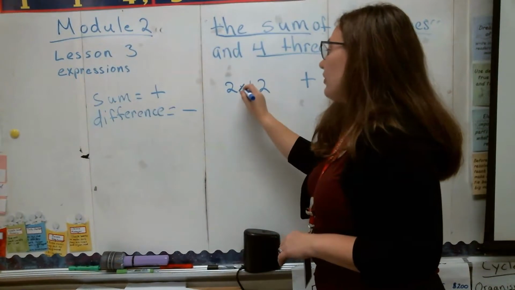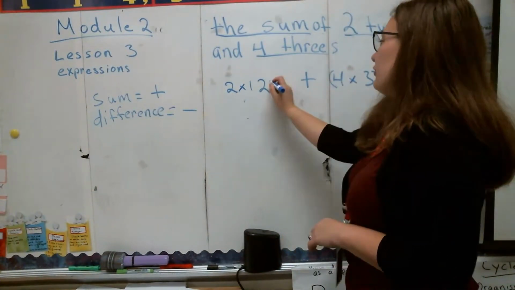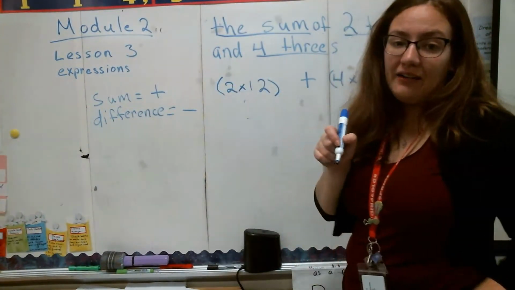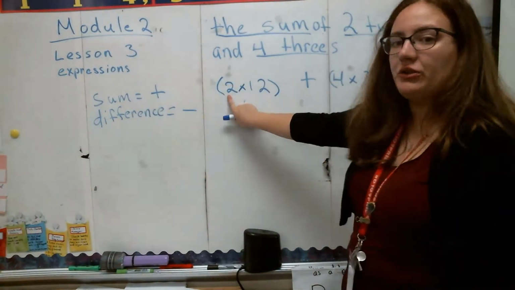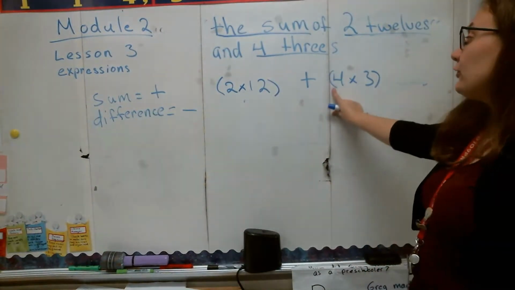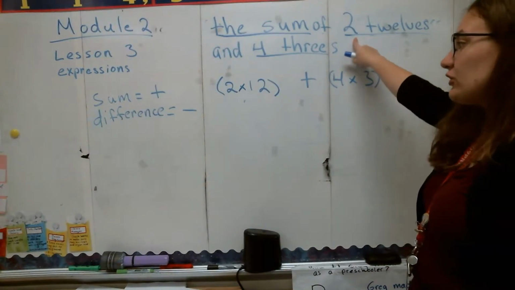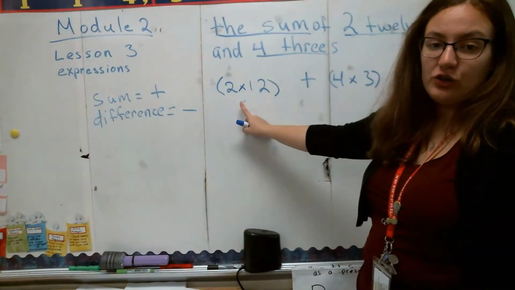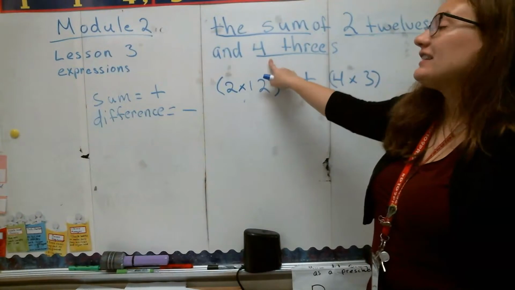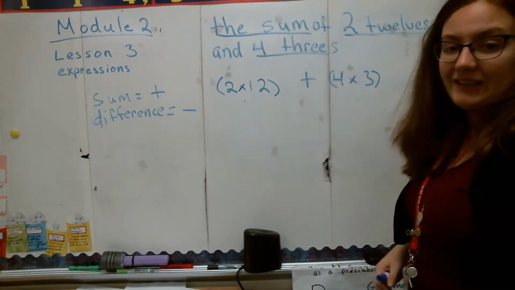I'm going to put a multiplication symbol in between these, and then I'm going to put parentheses around them, because what I'm showing you is I have 2 groups of 12, and then I have 4 groups of 3. So when it says 2 12s, I'm showing you 2 12s. And when it says 4 3s, I'm showing you 4 3s.